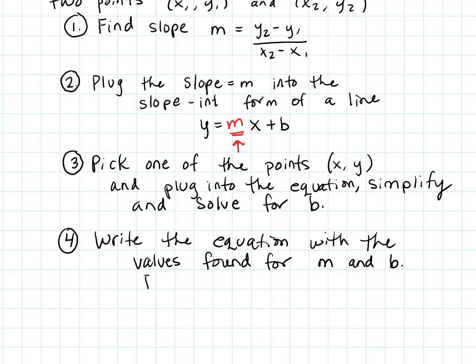Okay? We will also in this step define x and y in context. Now, for the example that we're working, we do not have any context, but we will have context in all of our problems when we work with tables of real world data. So when we have context, we'll also describe what x and y represent.